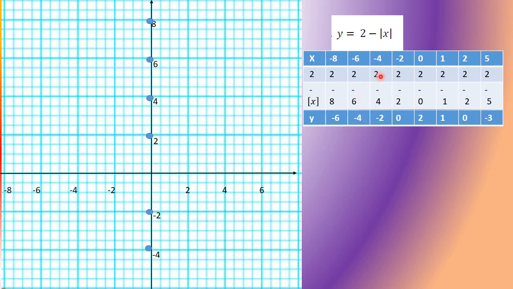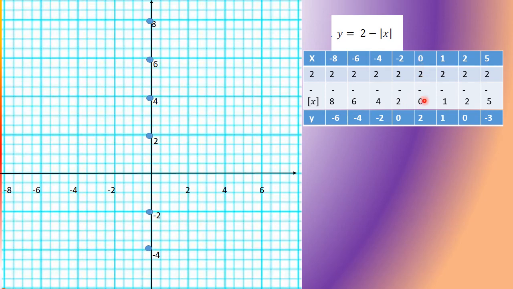Then I subtracted modulus 4. Modulus 4 means the minus sign goes off. So then what I have to do, from 2 I have to subtract plus 4. Next, from minus 2 I take modulus, which is plus 2. Then from 2 I subtract plus 2. 0, modulus is also 0.